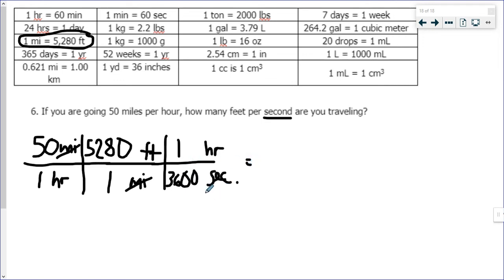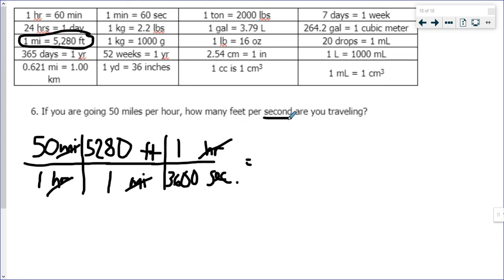Just to confirm that everything's canceled out, our hours are going to cancel, and that's going to leave us feet per second, which is exactly what they wanted us to do here.